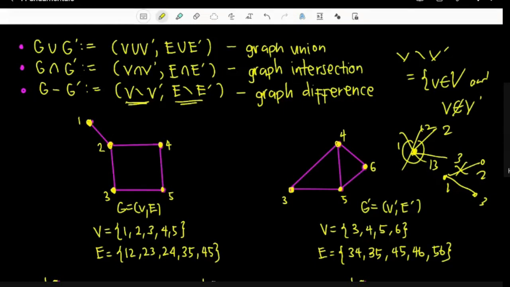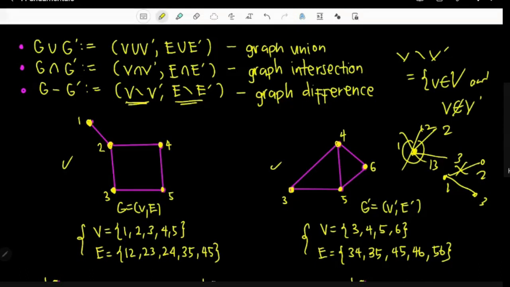We're talking of just the same universe of objects. On G prime, the edges are 3, 4; 4, 5; 3, 5; 4, 6; and 5, 6. Alright. So these are the set representation, and these are the visual representation.